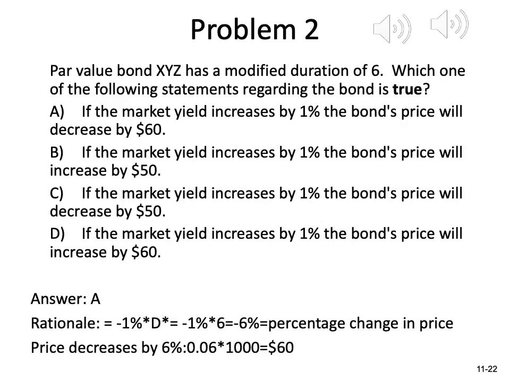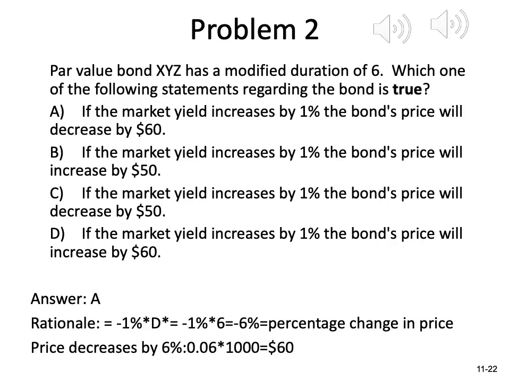In this, par value bond XYZ has a modified duration of 6. Which one of the following is true? Well, statement A is right. If the market yield increases by 1%, the bond price will decrease by $60. Let's see. We first calculate the percentage change in the price according to our formula. The percentage change in the price is minus 1% times modified duration.